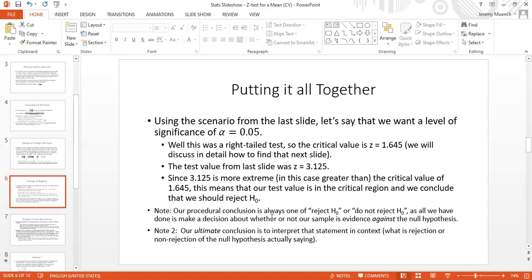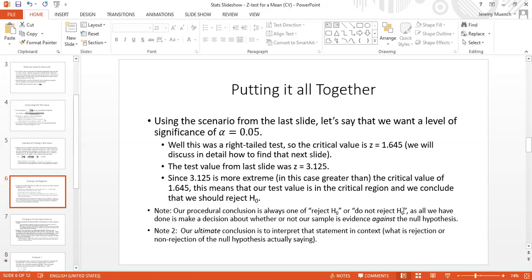So the big thing here is that getting a z-score from our test value that's this extreme is evidence suggesting that the assumption the null hypothesis makes is not a good one based on the data we collect. So that's why we reject the null hypothesis. This conclusion is always just reject the null hypothesis or do not reject the null hypothesis.